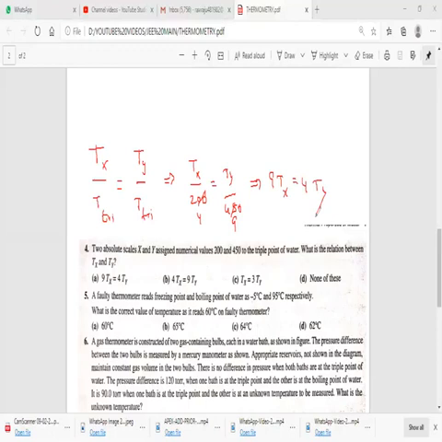So the general relation we can use here is the temperature value on that particular scale by the same value at the triple point. That ratio always remains constant. So this is the solution for the fourth question. Now we can go to the next question.